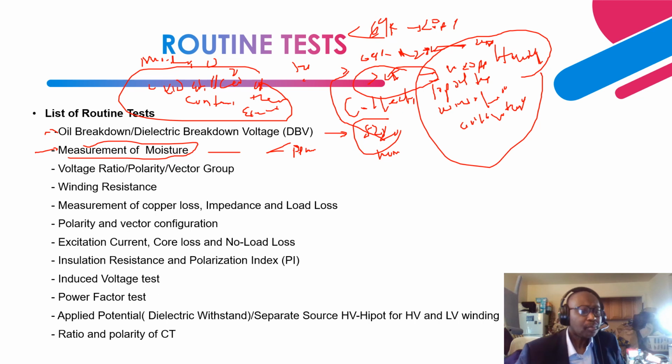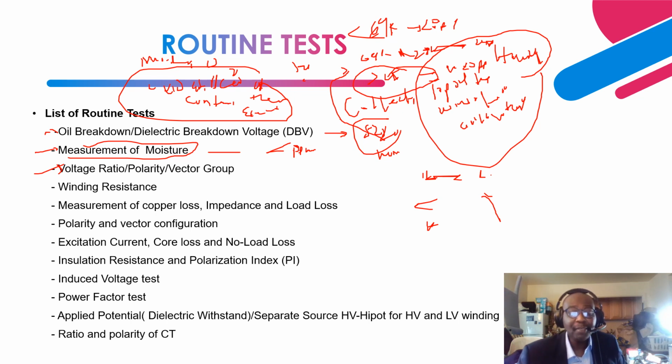Next, the routine test is the voltage ratio. It is a ratio measurement to determine the ratio between the high voltage and the low voltage winding voltage. You impress the voltage on the low voltage side and measure the corresponding voltage on the high voltage side to determine the ratio.